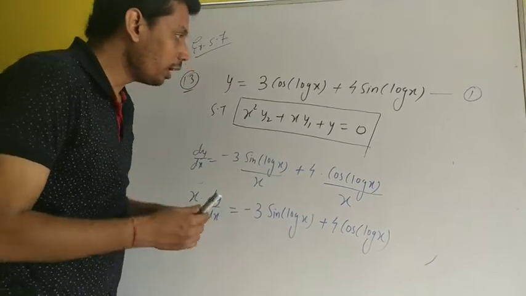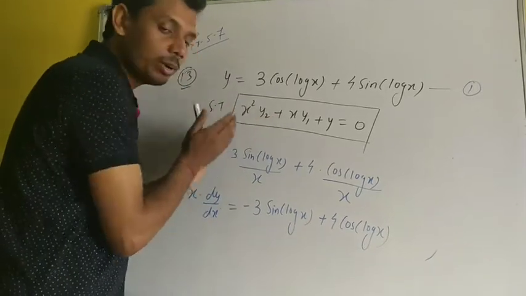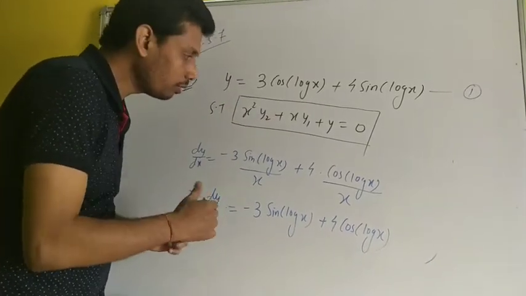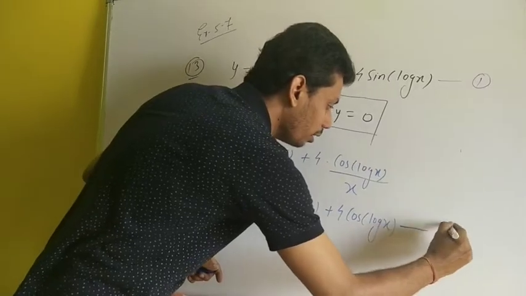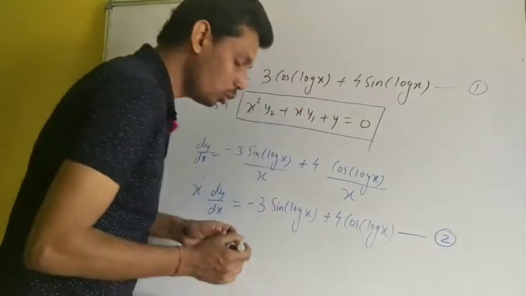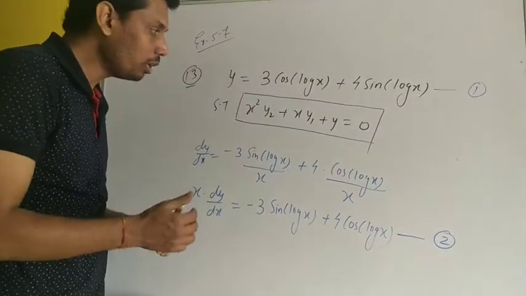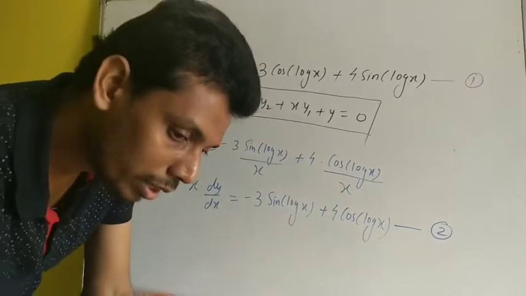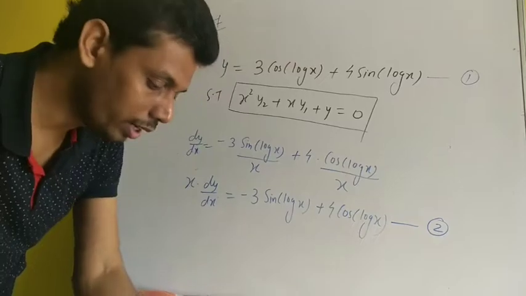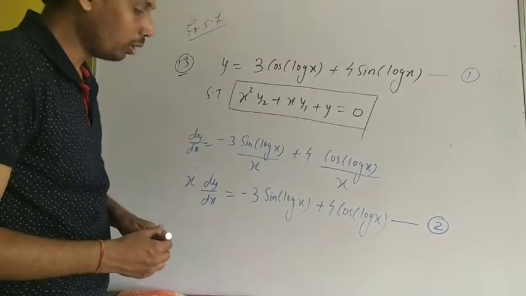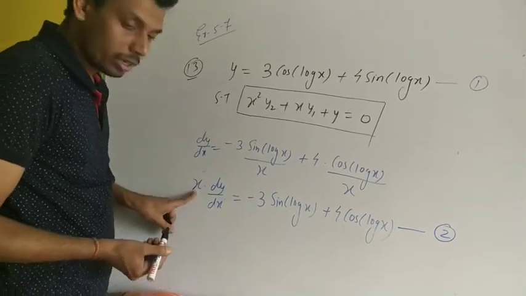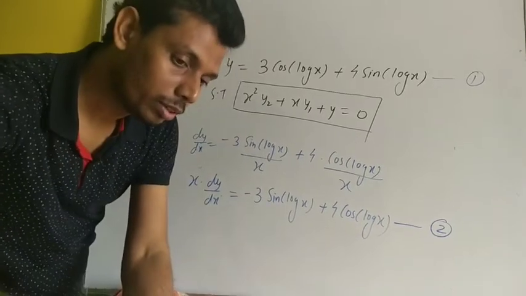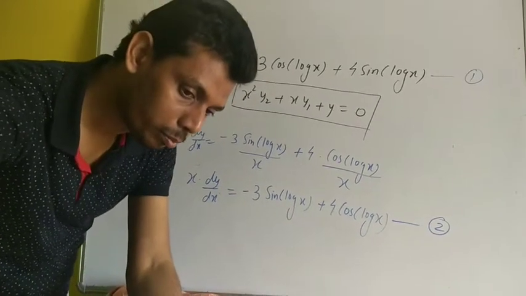Now as in this expression d square y by dx square is there, so let us differentiate this again. Let us assume this as equation 2 and now we will differentiate this with respect to x. Now see, if we differentiate this with respect to x, what value will come?